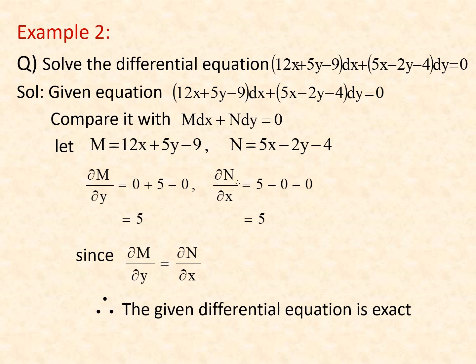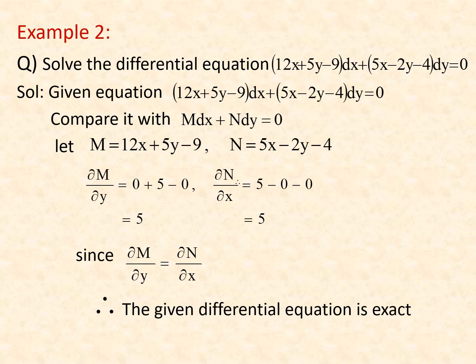Next, take the partial derivative of N with respect to x: 5x gives 5, minus 2y has no x involvement so 0, and the constant derivative is 0. Finally dou N by dou x equals 5.